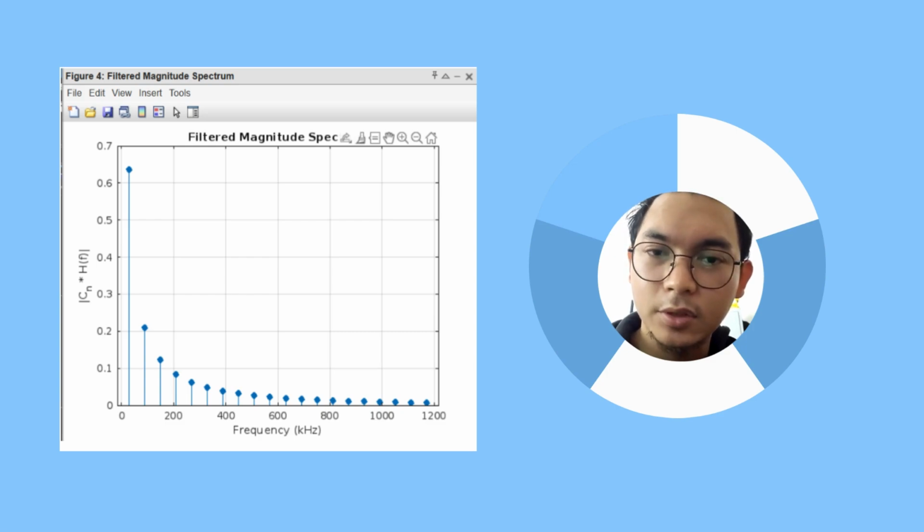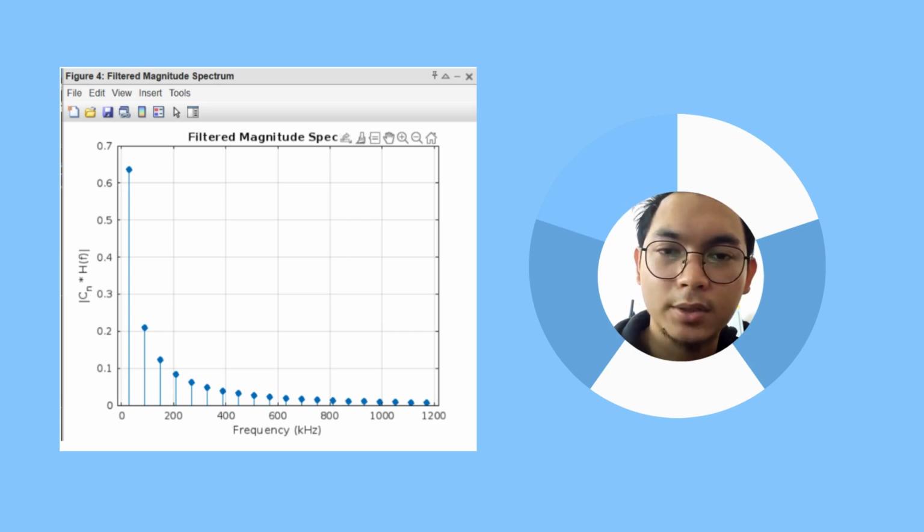As the frequency increases beyond the filter's cutoff frequency, set at 520 kilohertz, the magnitudes start to drop sharply. This clearly demonstrates the behavior of the RC low pass filter, which allows the low frequency components to pass while attenuating higher frequencies.